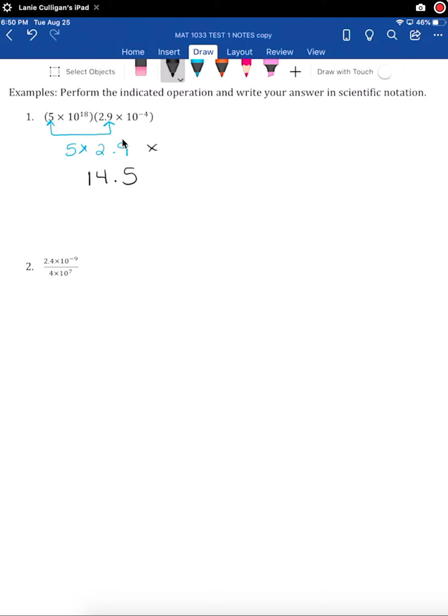And then we're going to do times, combining our powers of ten, so to speak. So 10 to the 18th power times 10 to the negative 4th power. So notice we are multiplying two exponential expressions. So we did this earlier in this section. So we're multiplying. That means we are going to add our exponents.